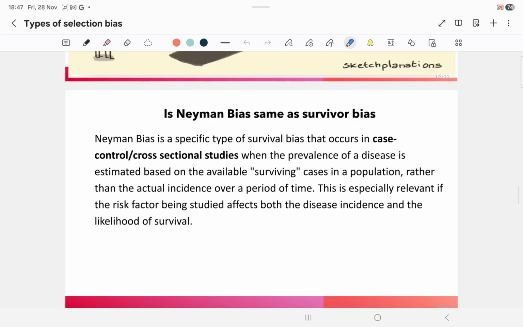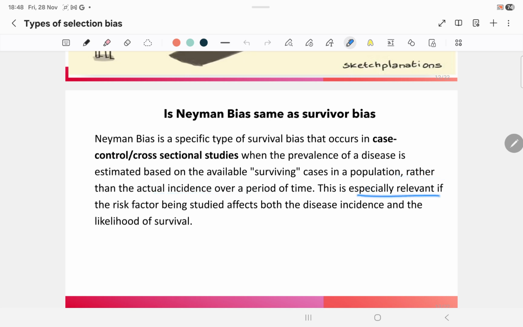So Neyman bias is a specific type of survival bias that occurs in case control or cross-sectional studies. So when we talk about survivorship bias or survivor bias in the context of epidemiology, in case control study or cross-sectional study, that is called Neyman bias. It occurs when the prevalence of disease is estimated based on the available surviving cases in a population rather than actual incidence over a period of time.